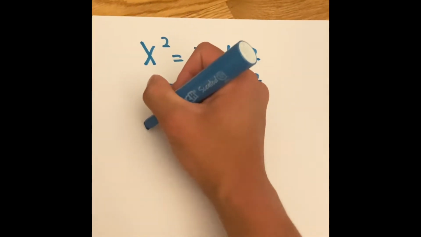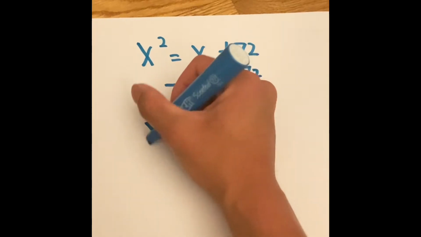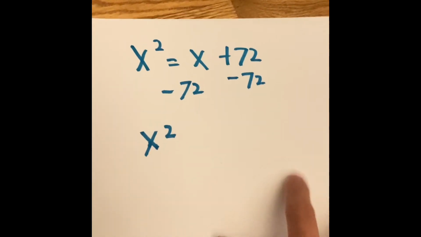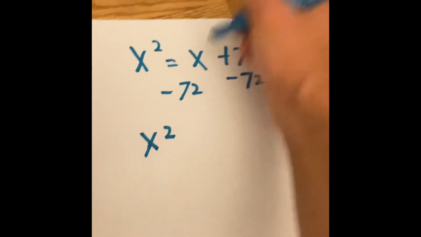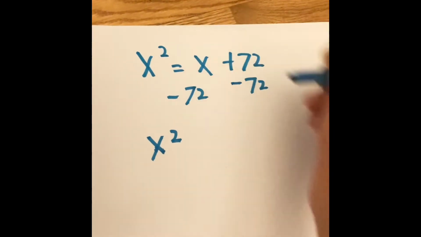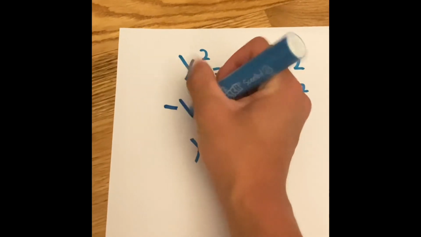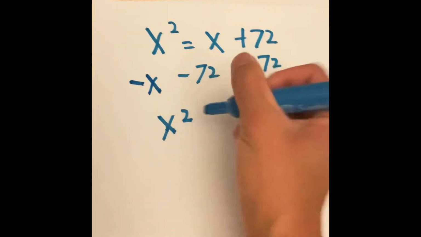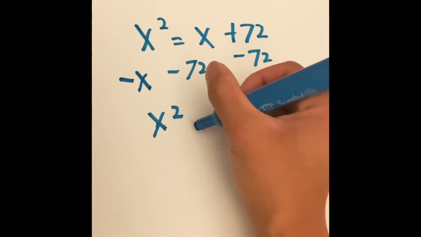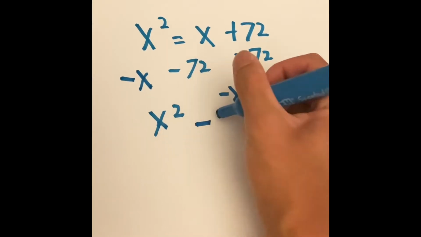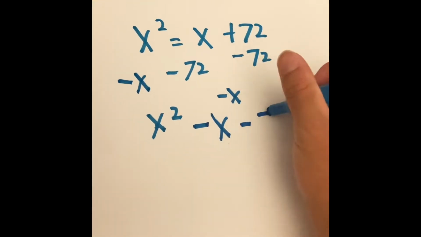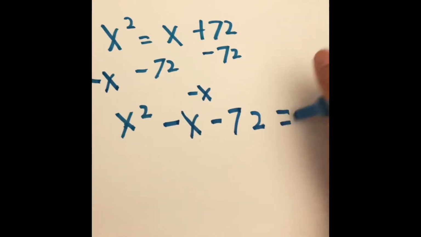So now we have x squared, not only that, negative 72. We gotta move that x to the other side too. So we also gotta subtract this side by x and subtract that side by x. So now we have x squared minus x minus 72 is going to equal 0.